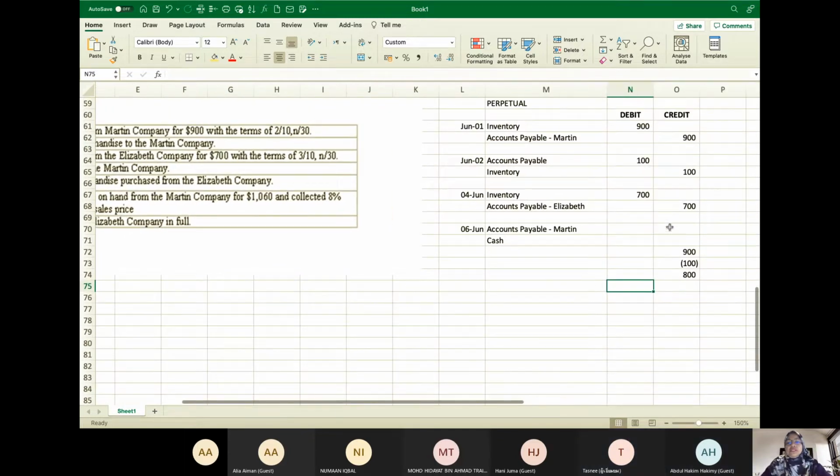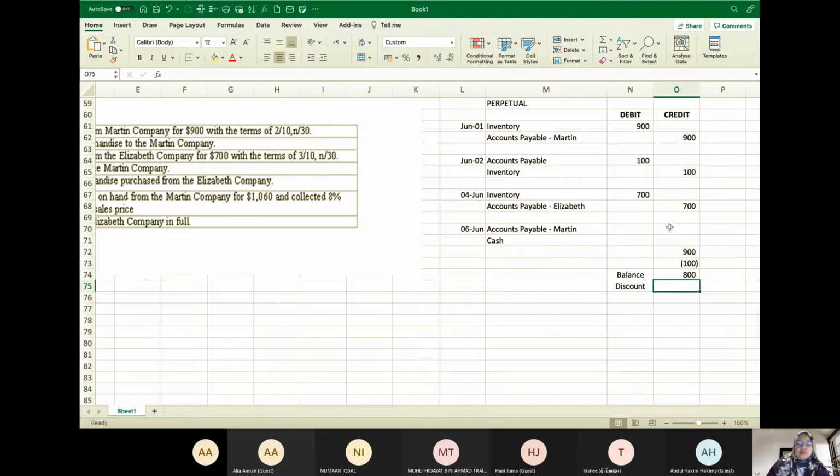So 0.02 times 800, this is the discount, 16.